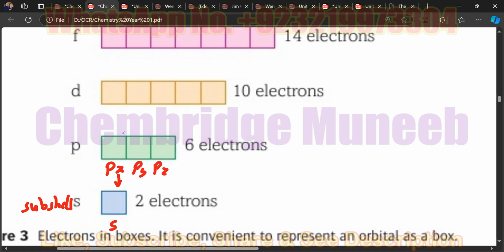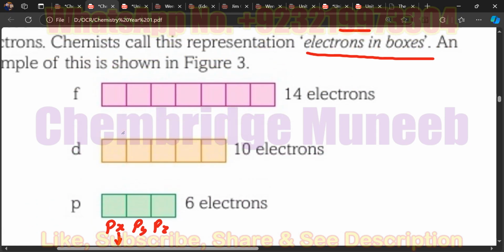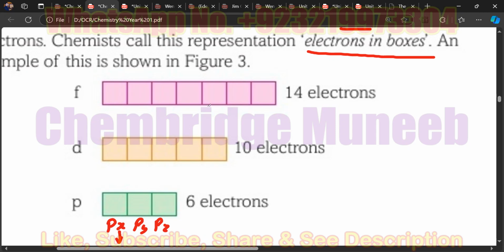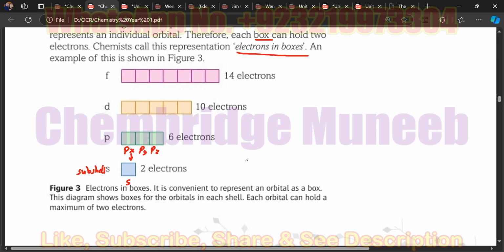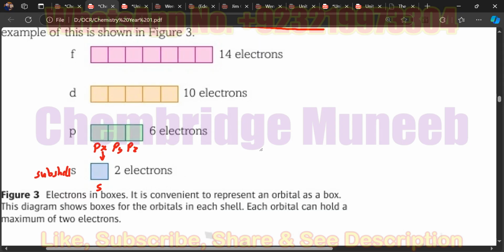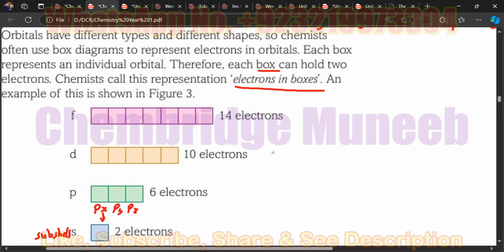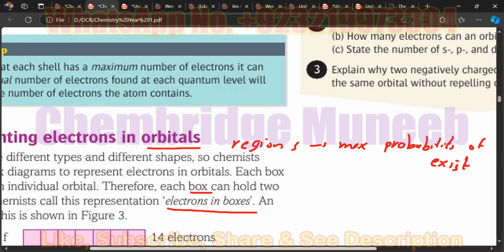Good. Since you are not familiar with the names of the d orbitals, I will not write their names, but there are 5 orbitals here, and for f there are 7 orbitals. Now they have calculated the total electrons as well. So this system of showing electrons is called electron in box.